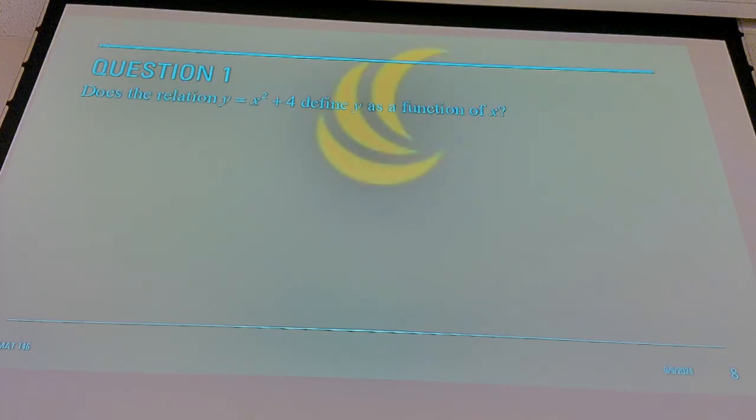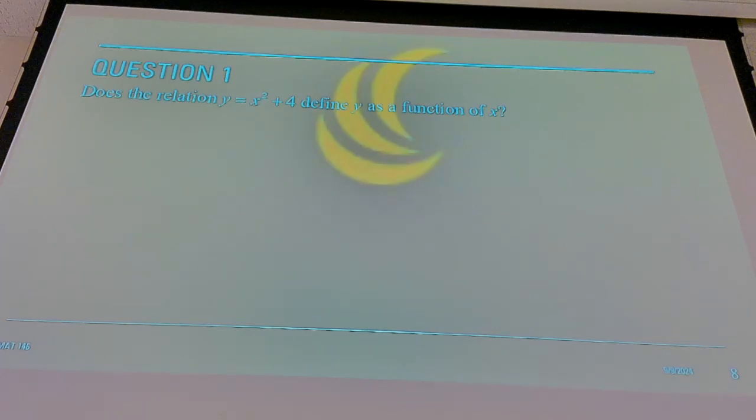Does this relation define y as a function of x? Yes. Remember, what does it mean to be a function? Each x can map to only one y. So if you pick any x value, do you only get one y value? Yes.